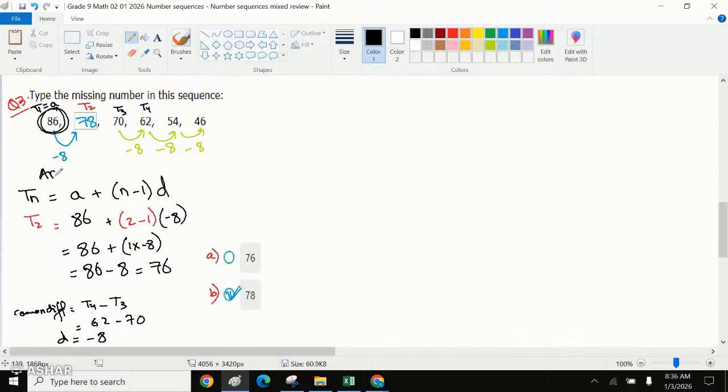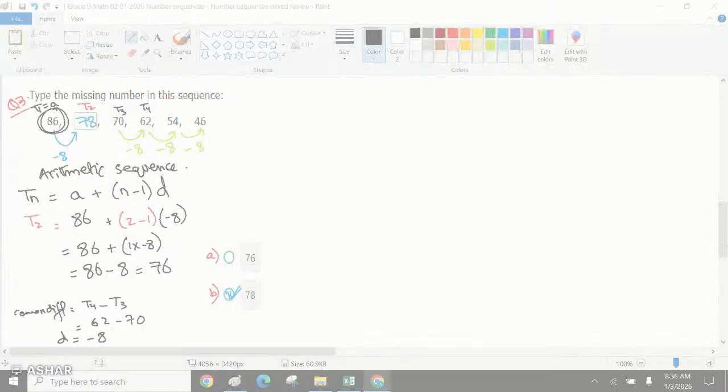Yes, it is an arithmetic sequence. Thank you for the answer. Let's check the answer over here. That is 78. Yes, it is 78. Thank you so much. We move on to the next one.